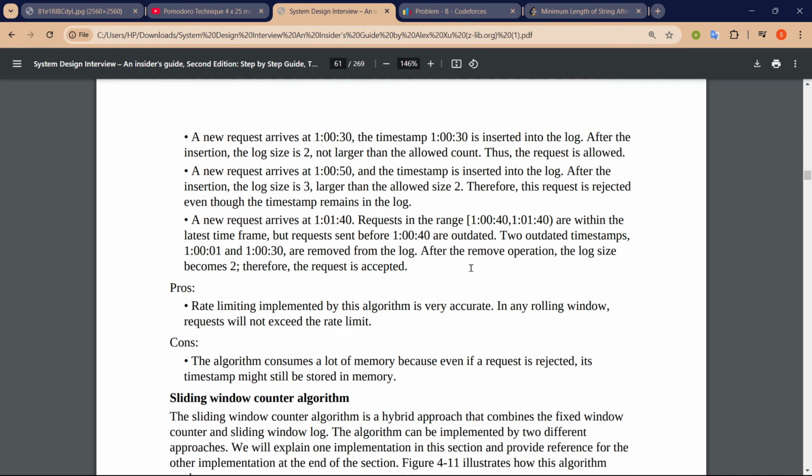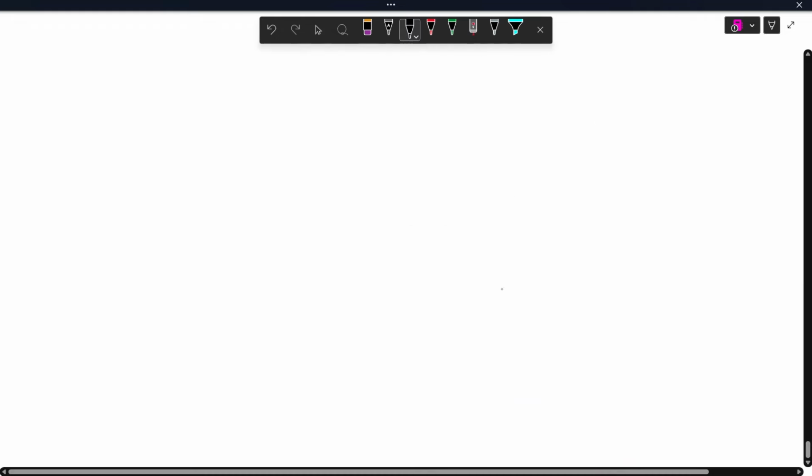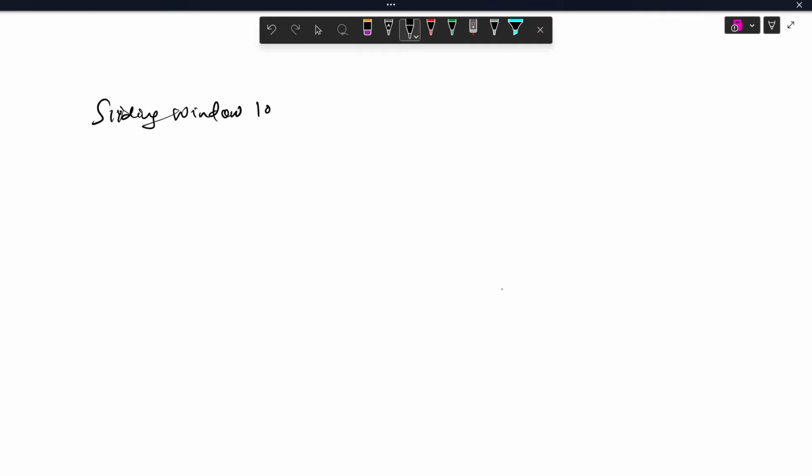I got it. So this was the sliding window log algorithm, right? Sliding window log algorithm. What? Sliding window log algorithm.